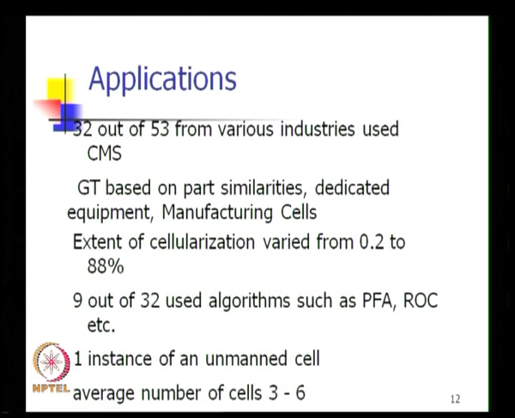So, we have seen a little bit of some aspects of application of cellular manufacturing. We will continue with some more discussion on the applications and issues on cellular manufacturing, and then we will move towards algorithms for cell formation and discuss production flow analysis in detail in the next lecture.